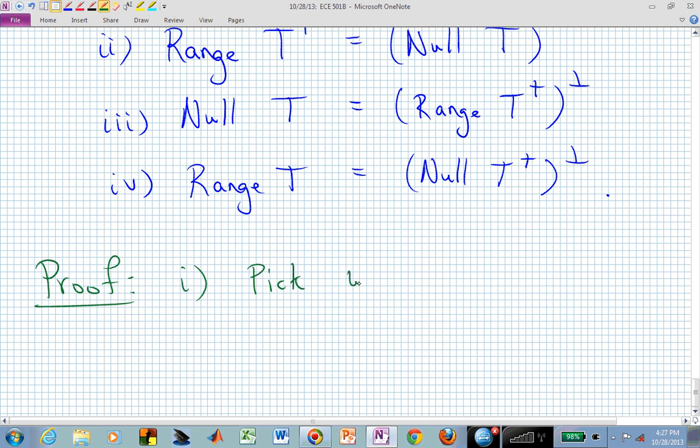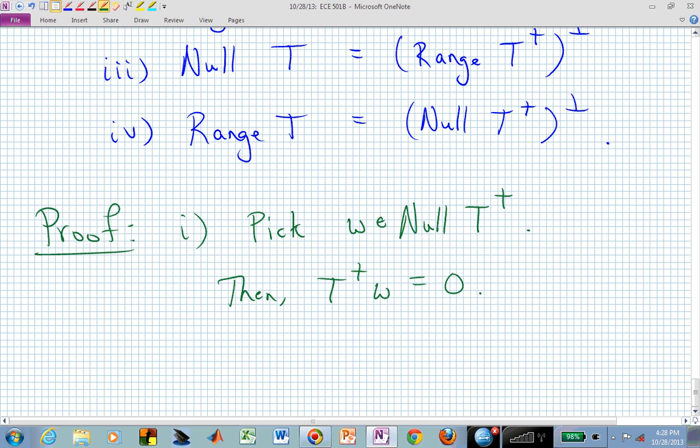Let's say we pick a W that belongs to the null space of the adjoint. If that's the case, then T dagger W is going to be 0, by the definition of how we selected W.